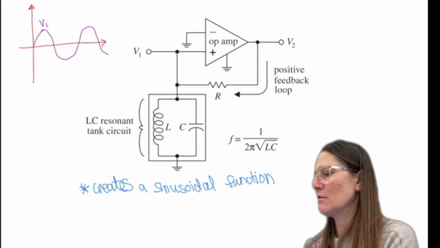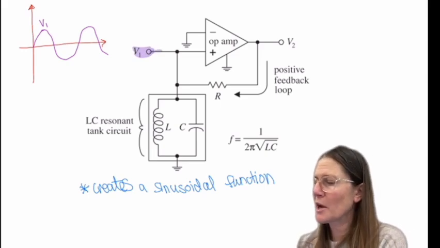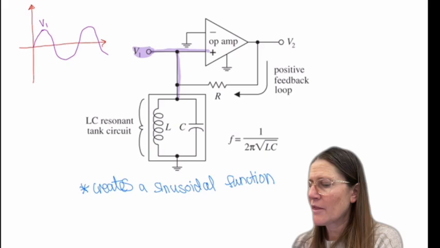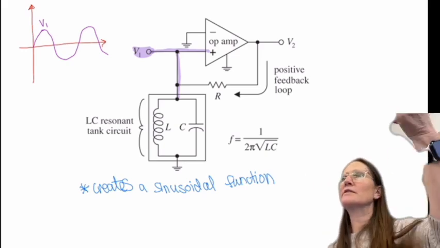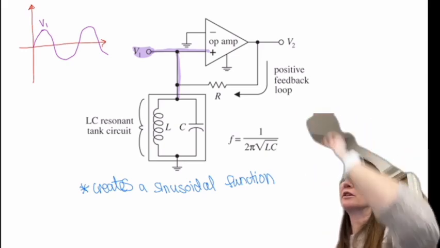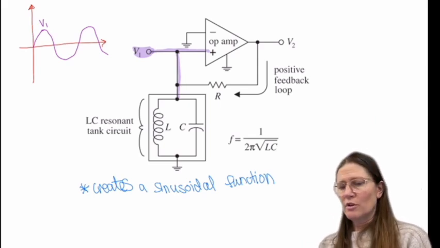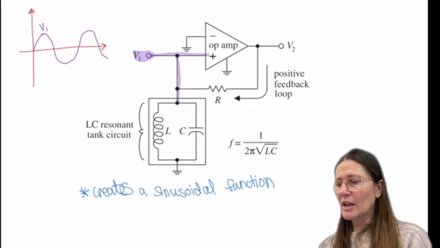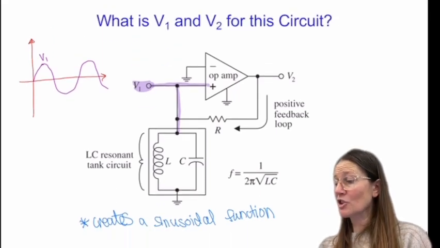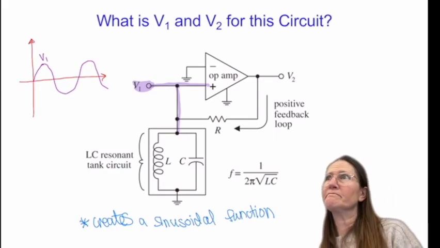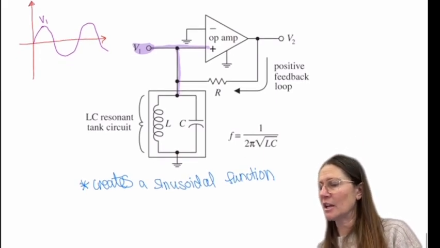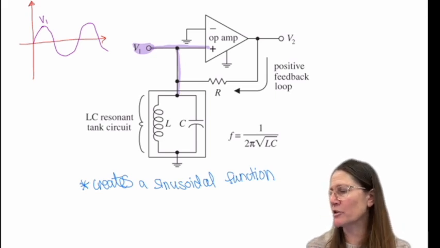I'll do it in purple. So at this wire, that tank circuit actually creates this sinusoid. What's the name of this circuit again? This is just called a tank circuit, and it can create a sinusoidal function.